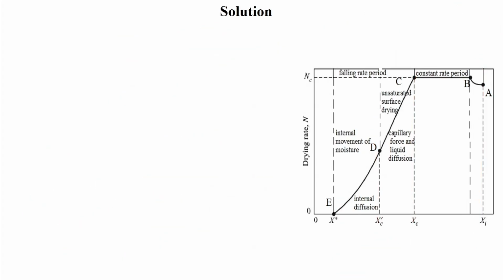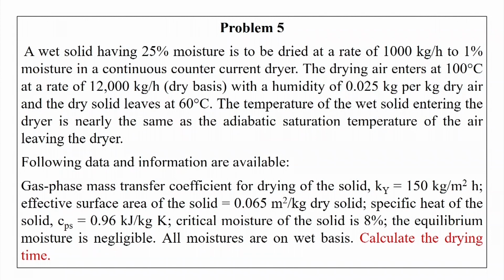Okay. Now, we will be discussing another problem, the drying time calculation for a continuous dryer, and this is a very interesting problem also. A wet solid having 25% moisture is to be dried at a rate of 1000 kg per hour to 1% moisture in a continuous counter current dryer.